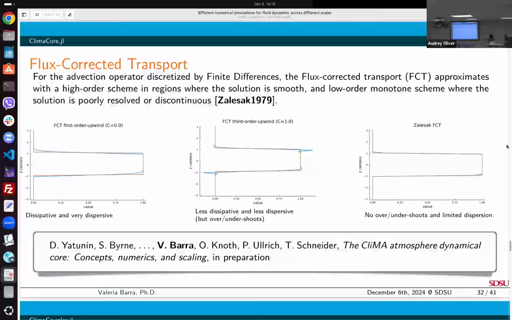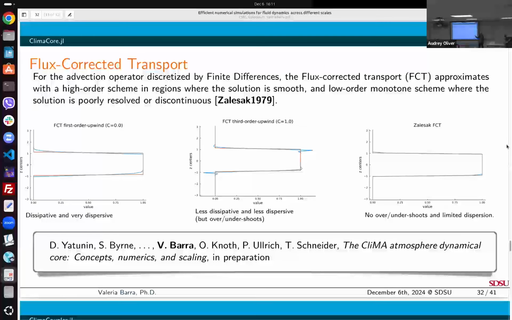So this approximates the solution with a high order scheme in regions where the solution is smooth, and a low order monotone scheme in regions where the solution is poorly resolved or discontinuous. So for instance, here we see just the first order upwind on the left most panel.